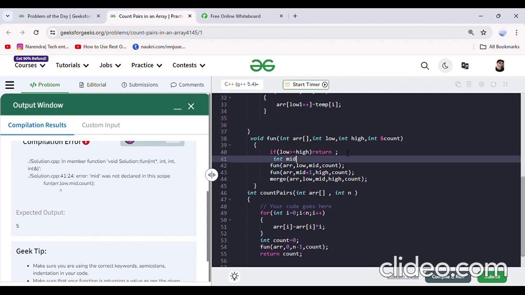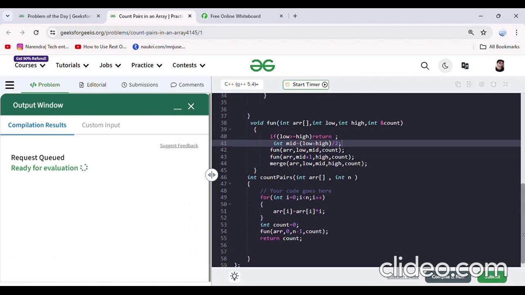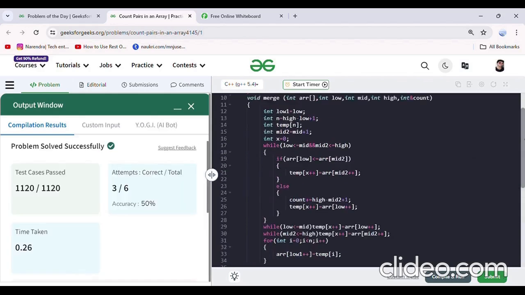Mid is equal to low plus high divided by 2. We got the correct answer, and now I am submitting this code. Yes, it satisfies all test cases.